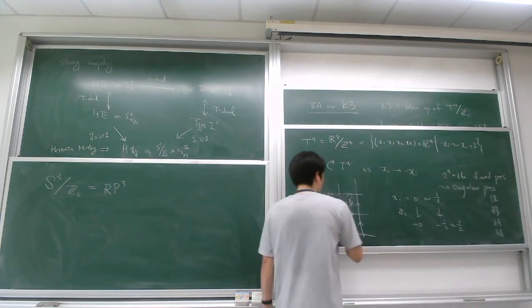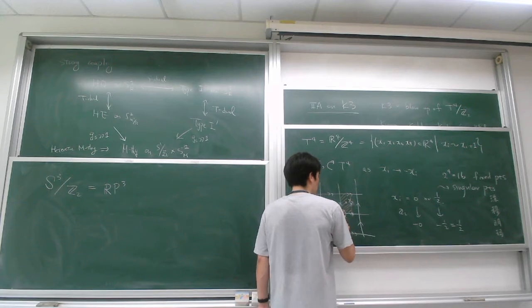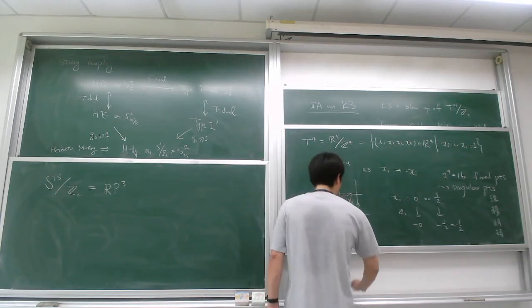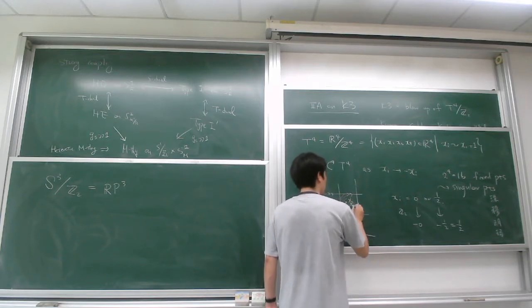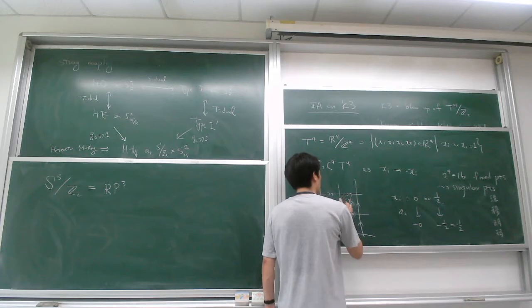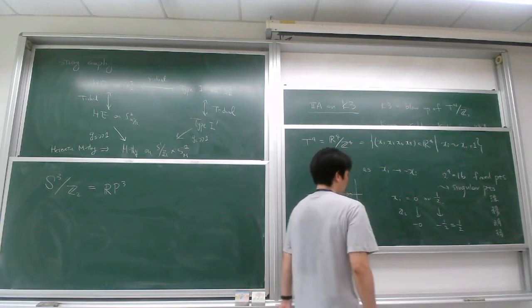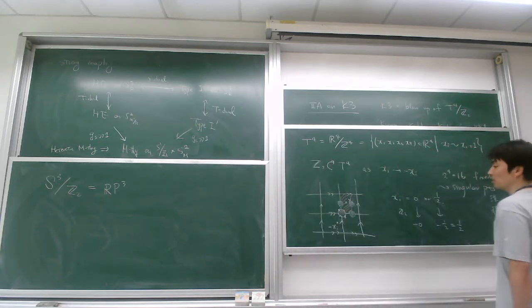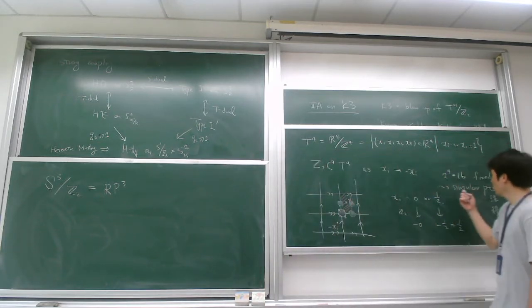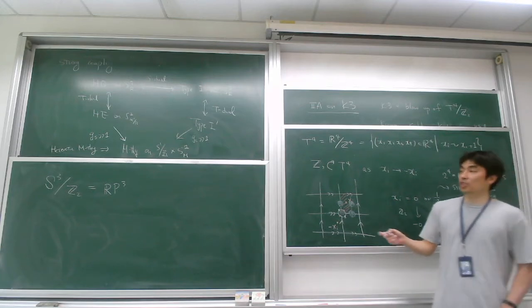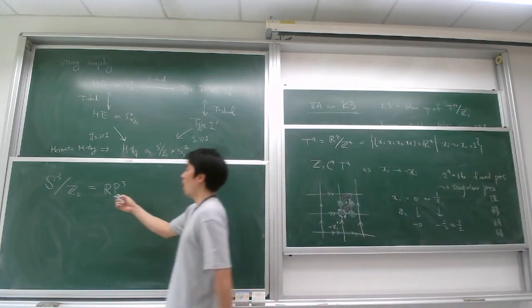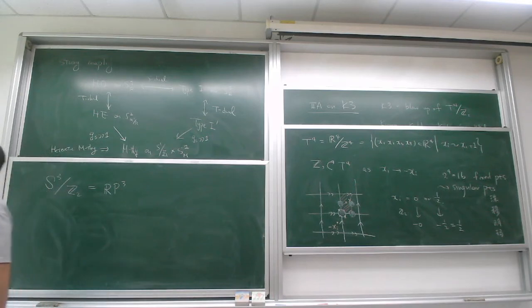To get rid of the neighborhood of the singular point, you do the same thing around this point and this point and this point. Just get rid of the singular points. And if you get rid of them, there are 16 boundaries, 16 copies of RP3, which will show up as boundaries, okay?